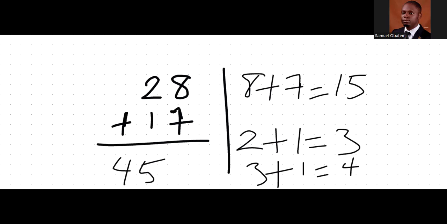Add the tens value, you get your total. Then the last step, combine the two together, and you get your final answer. So that is an example of an algorithm, step-by-step instructions used in solving a mathematical problem.